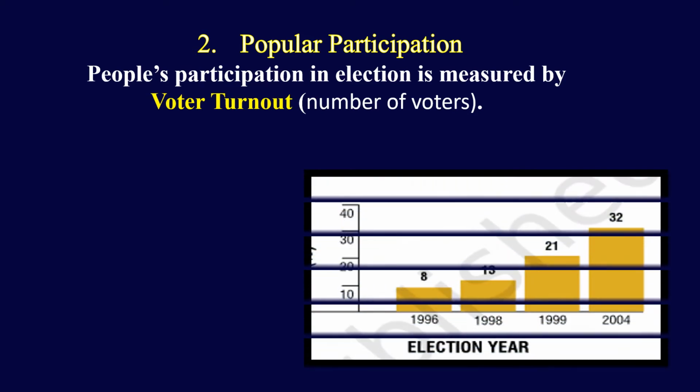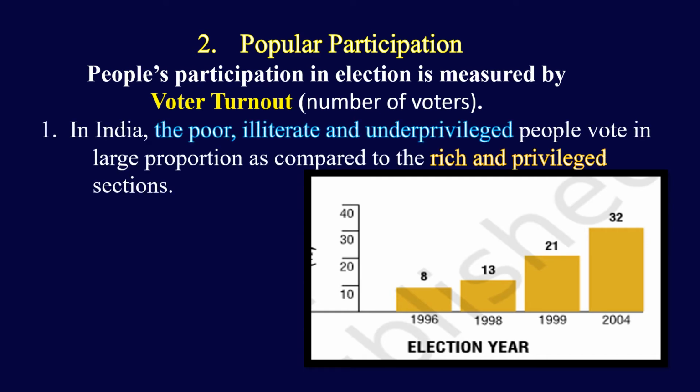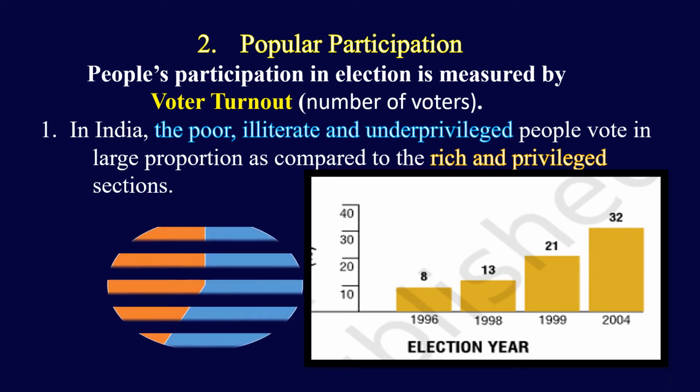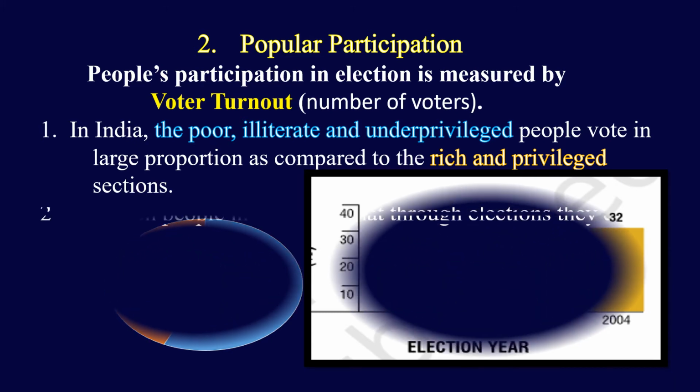And over the last 50 years, the turnout has increased in India. In India, the poor, illiterate and underprivileged people vote in large proportion as compared to the rich and privileged people. Means the turnout of poor and illiterate people is higher than the rich and privileged sector.